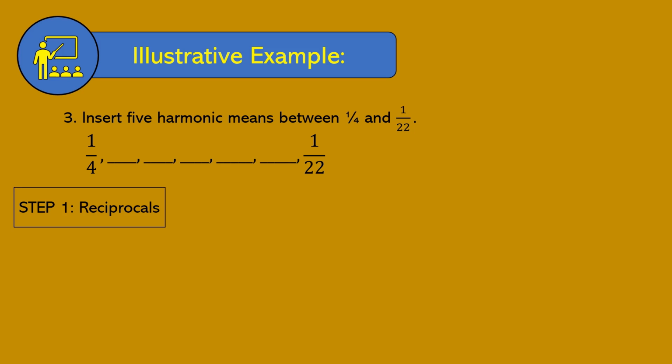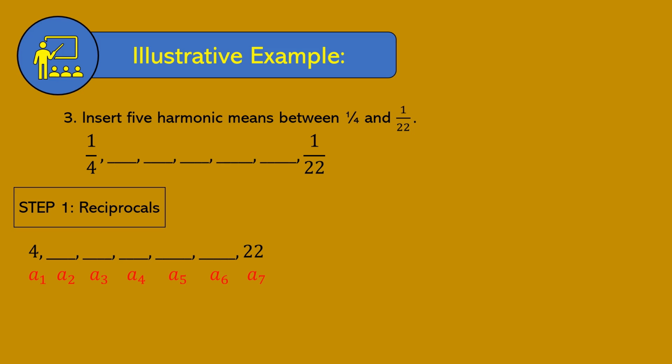Okay, now in determining the missing terms or the harmonic means, we still need to first get the reciprocals of the given sequence. What is the reciprocal of 1/4? That is 4. The reciprocal of 1 over 22 is 22. 4 here is your a sub 1.